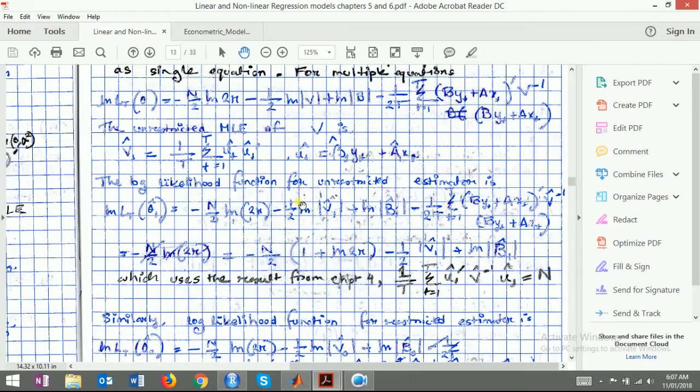So the log likelihood of the unrestricted estimator is log theta 1 minus n by 2 log twice pi, half. Same thing. Is there any change? No, there is not a single change. 1 by 2 log twice pi, 1 plus log twice pi.